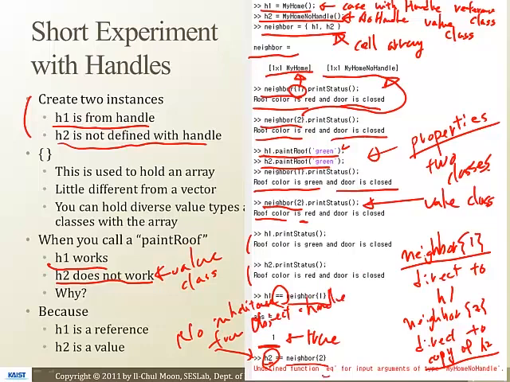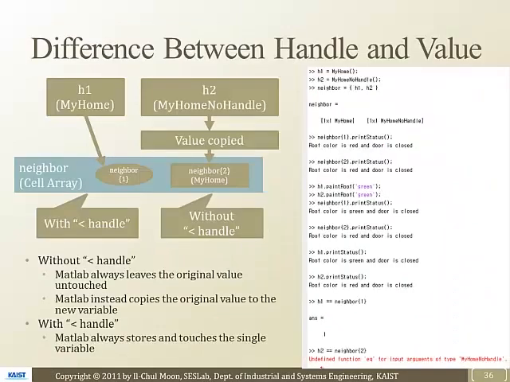There is no equal method here. So it's very limited to use the value class. Is there any way to change the properties of the value class? Actually, we can. We will see how to do that in the next slide set.